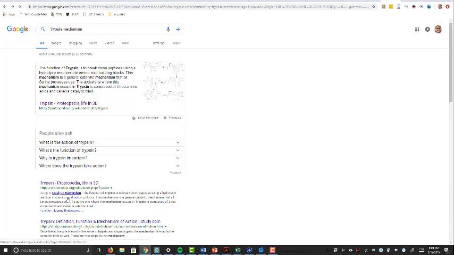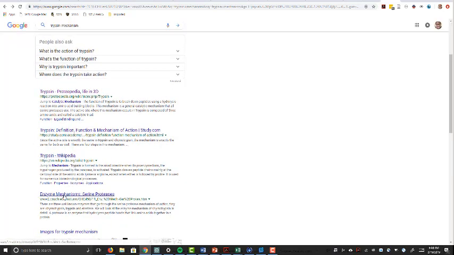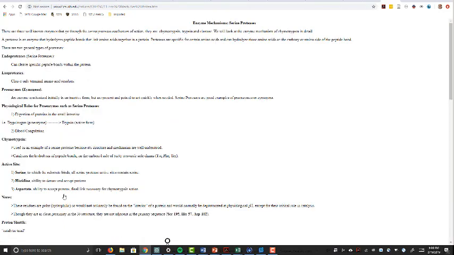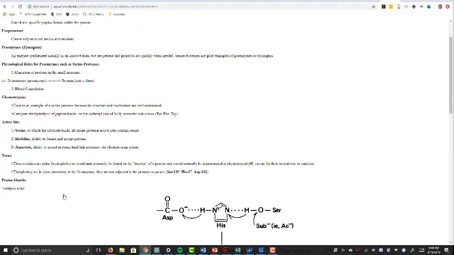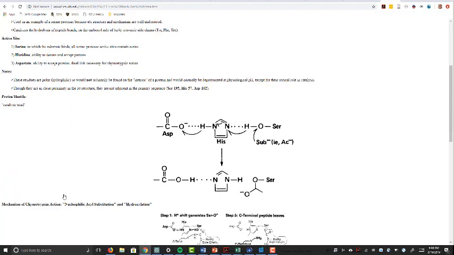Can you repeat your question? I guess I'm just confused, we do the serine protease, don't we? So trypsin and chymotrypsin are both serine proteases. But it's more going to be that I'm going to tell you what's in the active site, and you're going to have to figure it out.